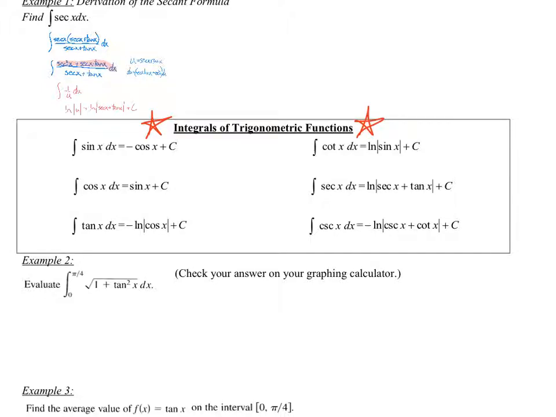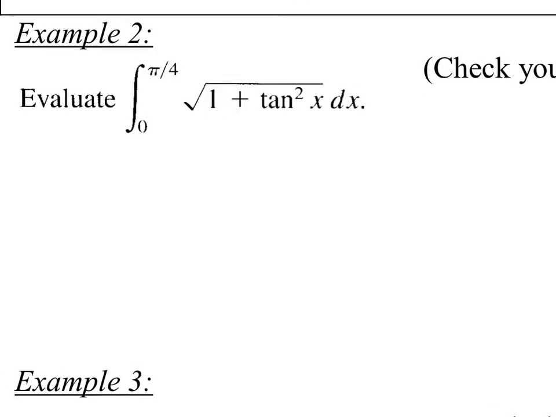So, let's try actually using this here. We need to evaluate the integral from 0 to pi over 4 of the square root of 1 plus tangent squared. Well, when you see something weird like that, especially with trig functions, you've got to start thinking about, is there anything I could replace that with? There's an identity.